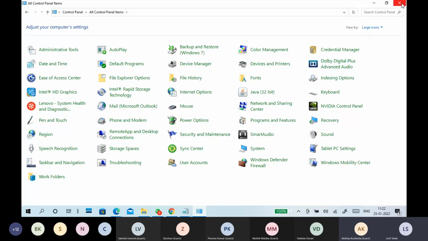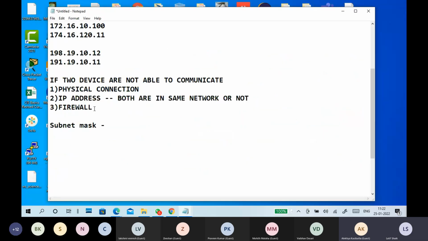Make sure you keep updating. That is about your basic firewall. I will tell about firewall again, but guys, understand the use of a firewall and how it protects. That is the default firewall in your system. That's it.